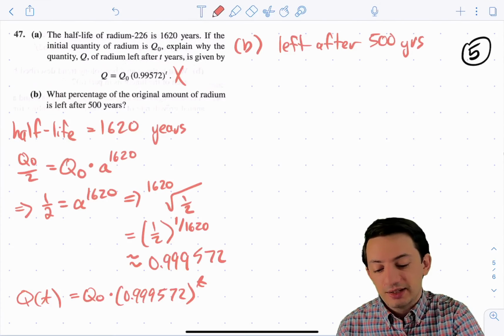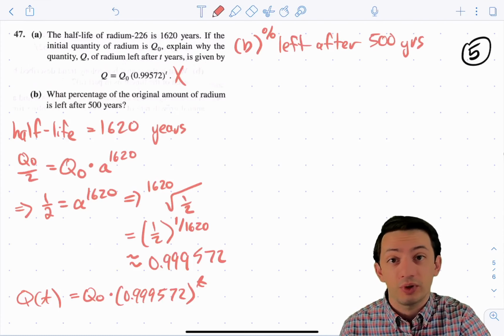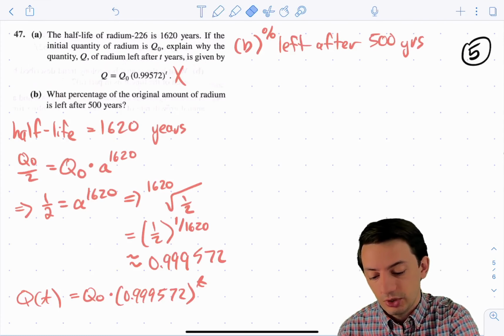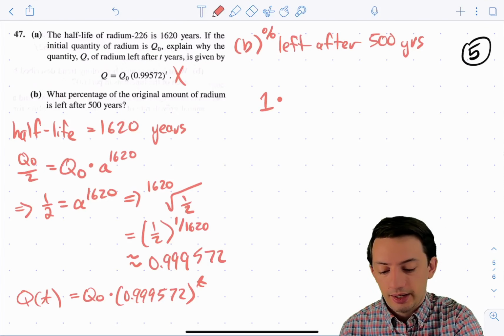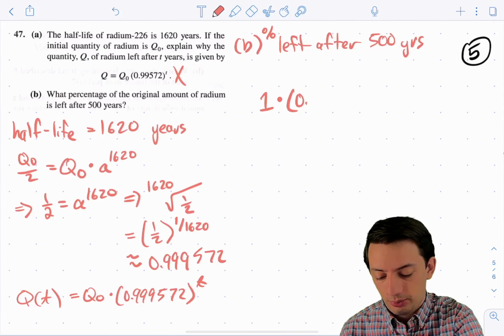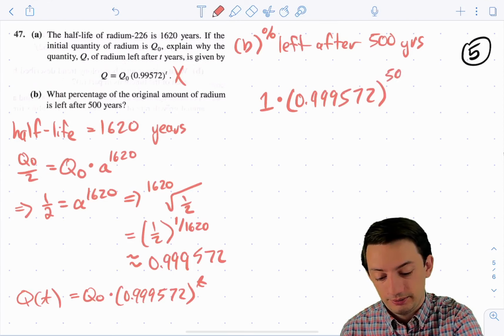So how much is left? This is asking really for a percentage left. So how do you figure out percentage? Well, same kind of ideas over here. You could start with q0, or you could just start with 1. Let's say I start with 1, whatever, 1 gram, 1 kilogram, 1 bucketful. So we start with 1, and we do 0.999572 to the 500.